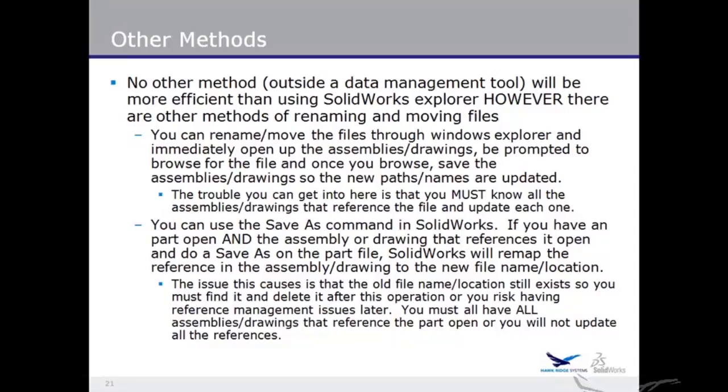The third thing I should mention that's not written here is that if you use a Save As copy, this will not work either. The difference between a regular Save As and a Save As copy is that a Save As will update references, a Save As copy will not update references. So make sure you don't have that option checked if you intend on updating references.